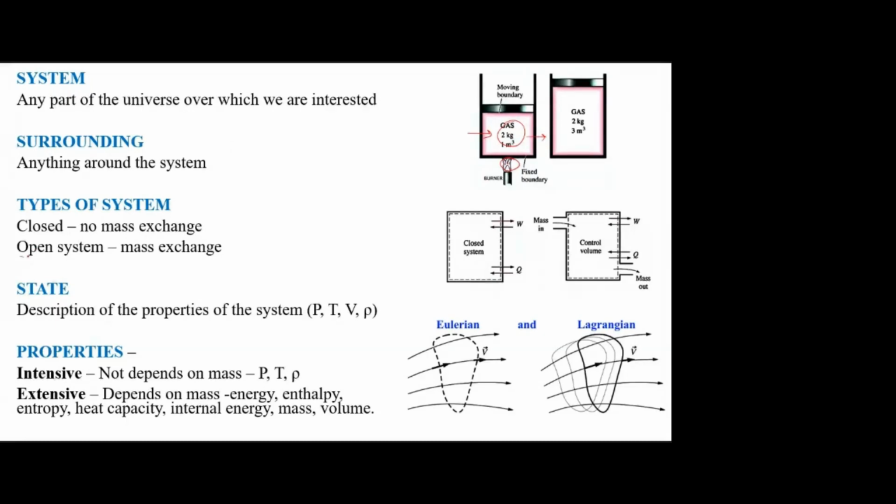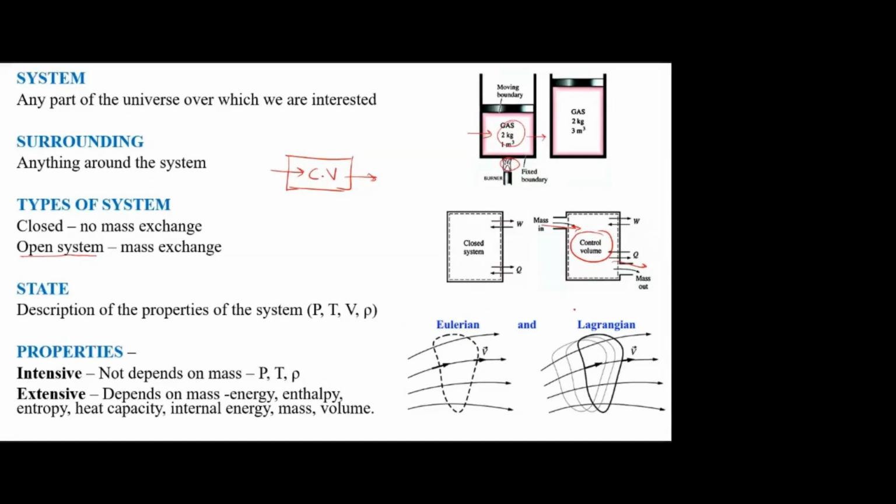Then the open system. Whatever you studied in fluid dynamics and aerodynamics, flow over the aerofoil, flow through a pipe, etc., has mass in and mass out. This is the open system. In AD2 also it will be an open system. Another name for the open system is control volume.